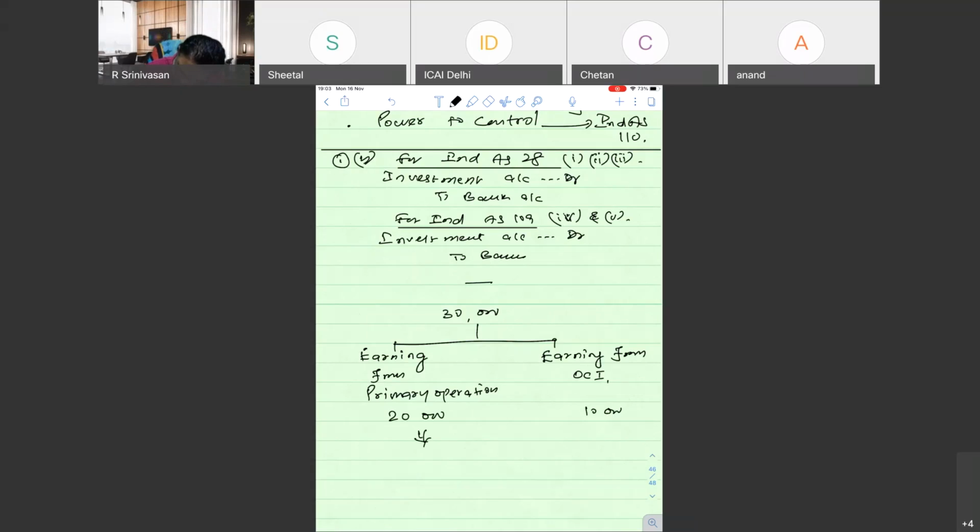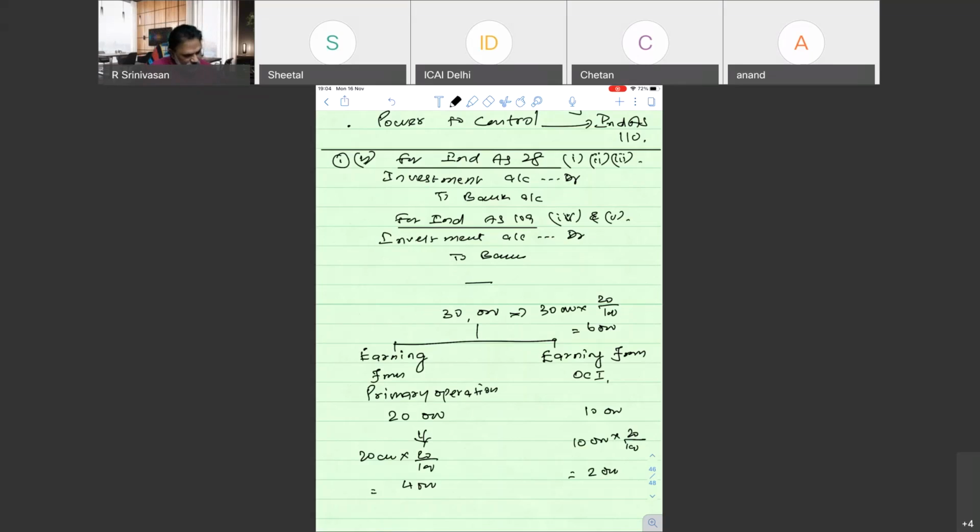So your share will be 20,000 into 20%, which is 4,000, and 10,000 into 20 by 100, that is 2,000, and here 30,000 into 20 by 100, so this is 6,000. So at the end of the year we have recognized, two entries are there.